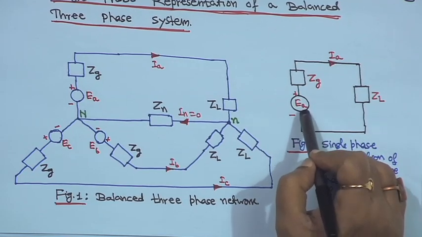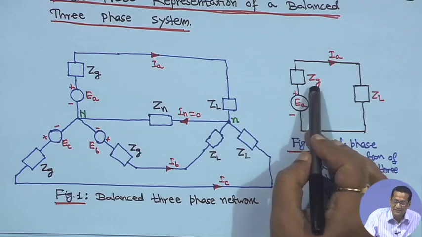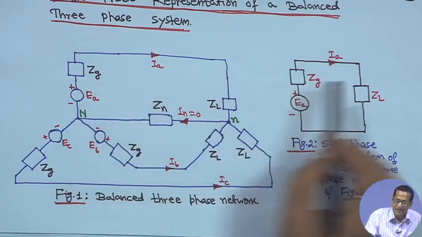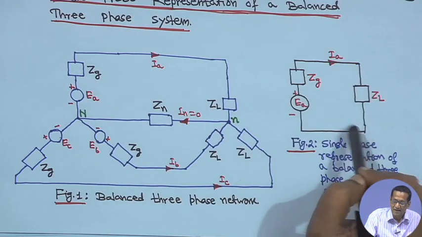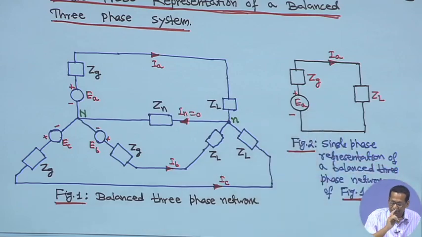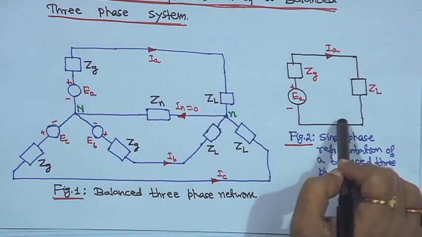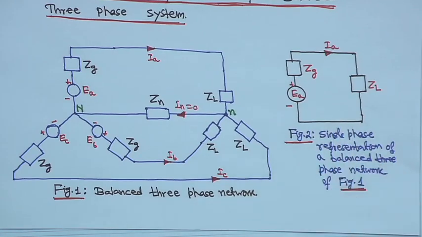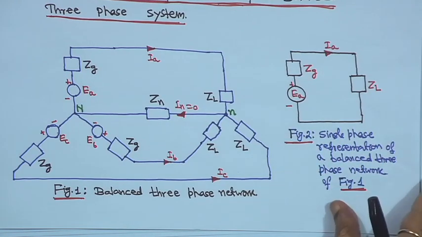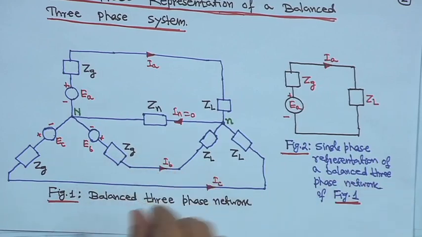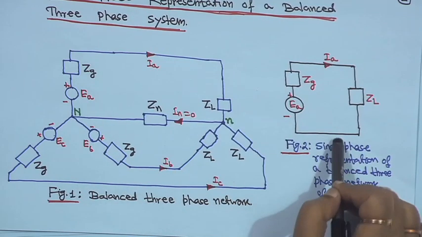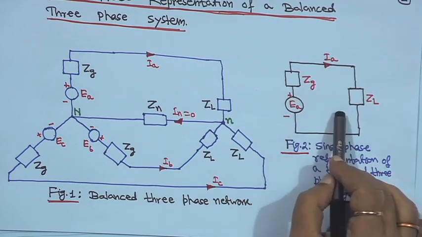EA, the voltage of phase A, will have Zg and ZL, and this is the equivalent circuit diagram of phase A. So, rather than 3 phase, we can represent it by a single phase circuit.